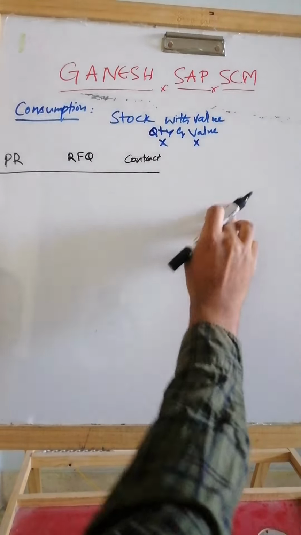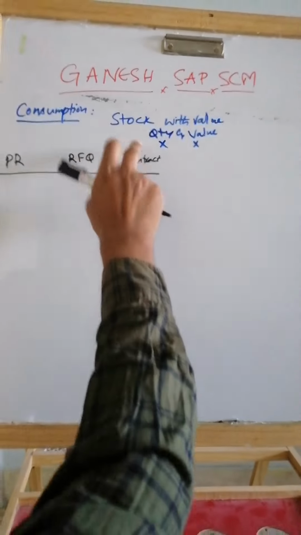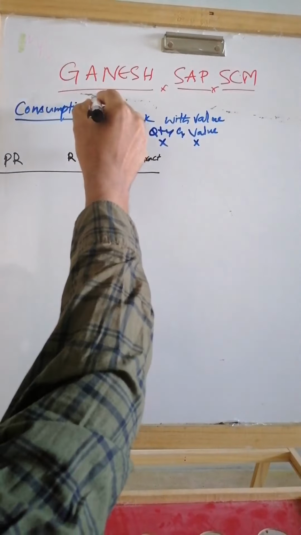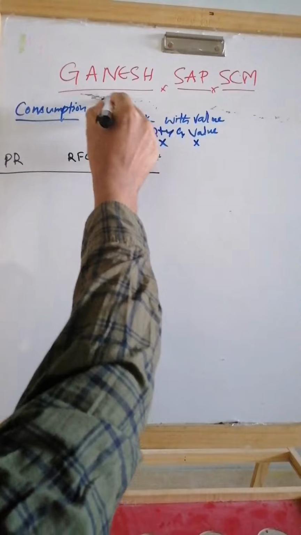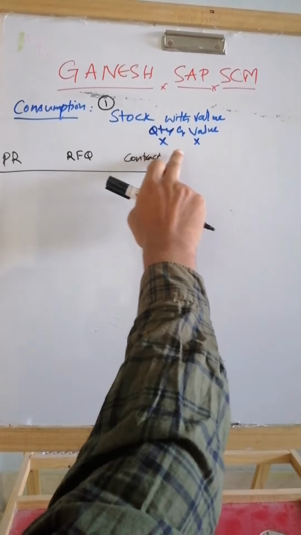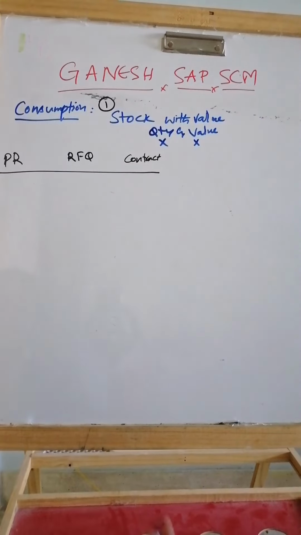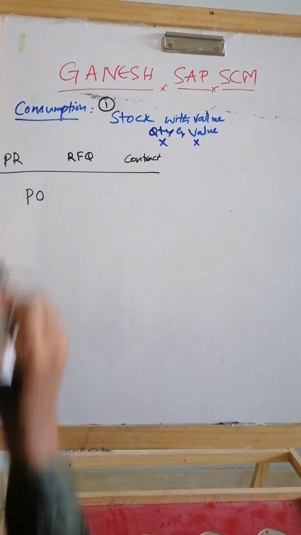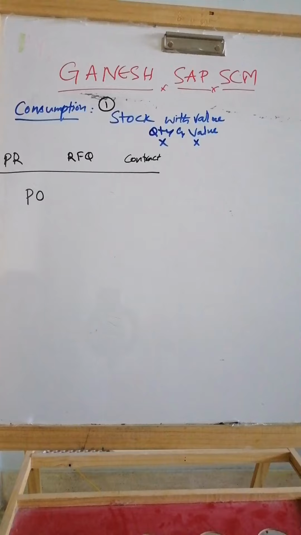Let us focus on the purchase order, and I'm talking about consumption procurement case 1. Here it is stock with value, so both quantity and value updates are available. Create a purchase order with an account assignment category.